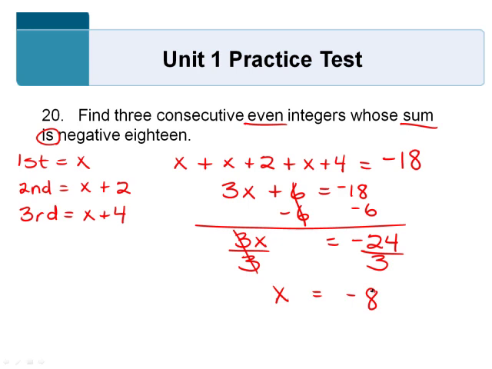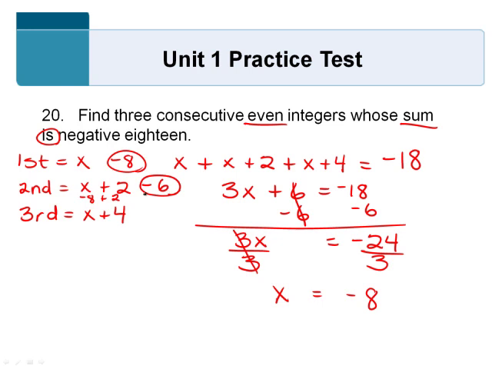Now, that's x. This is where so many people mess up, because they go, oh, -8, -10, -12. Totally wrong. Look back over here to your expressions for first, second, and third. If x is -8, that's our first answer, -8. To find the second one, you have to plug it in. -8 plus 2 would be -6.